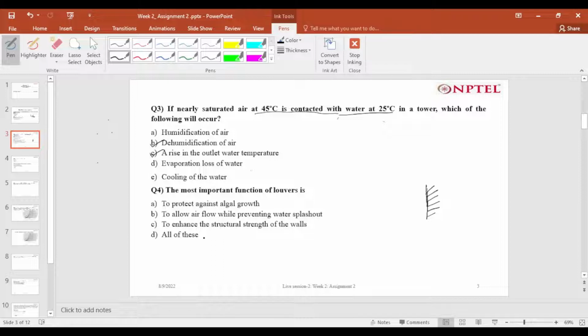Anybody? B, right? Anybody can try? To allow air while preventing water splash out, yes, right. To allow the airflow while preventing the water splash out is the solution of the question.